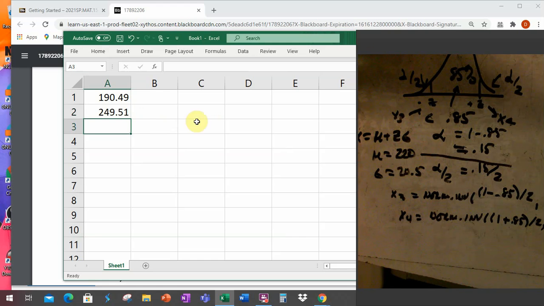And that would be above. So 220 is in between here, and that would be symmetric about the 220. If I said equals 220 minus this number, the distance between the mean and that is 29, and then equal this, because that's a bigger number minus the 220, it's going to be the very same. It's symmetric around the mean.